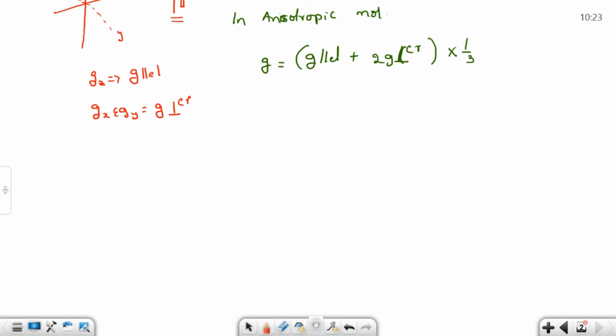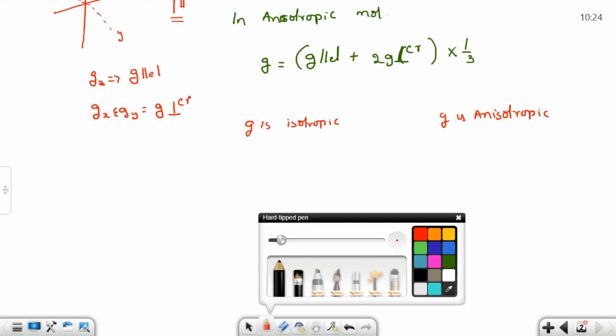G may be isotropic or anisotropic. Why are we writing isotropic and anisotropic nature here?